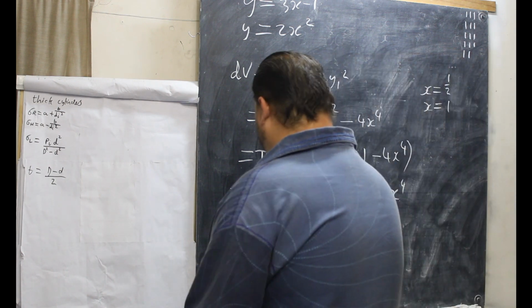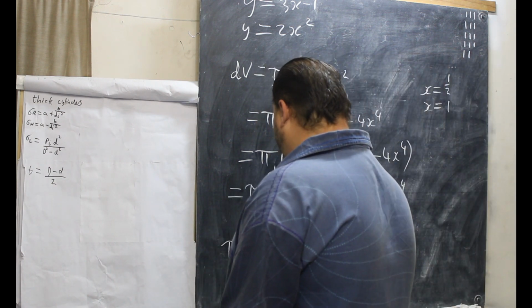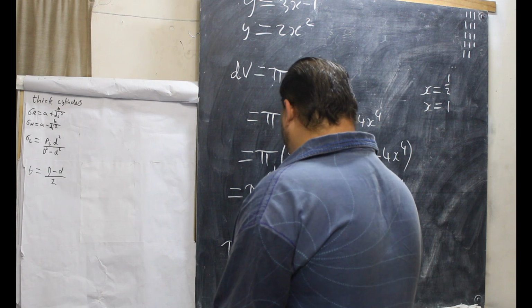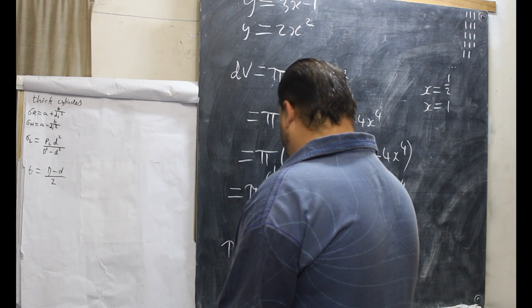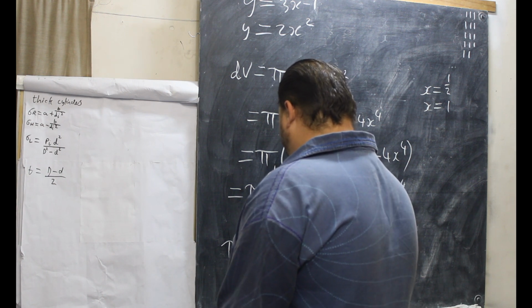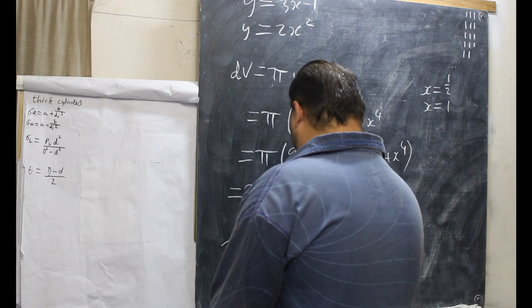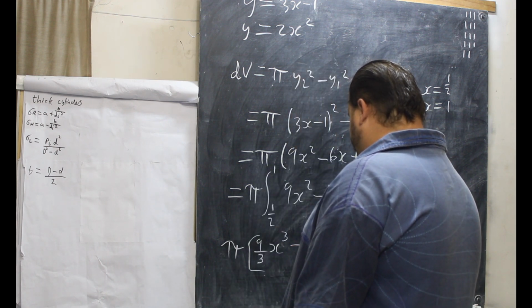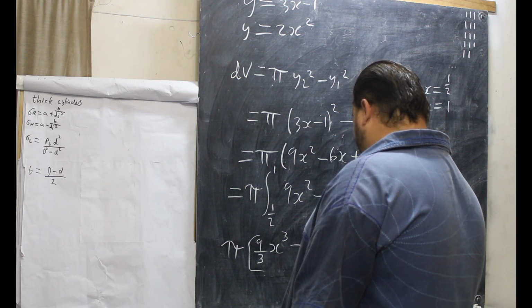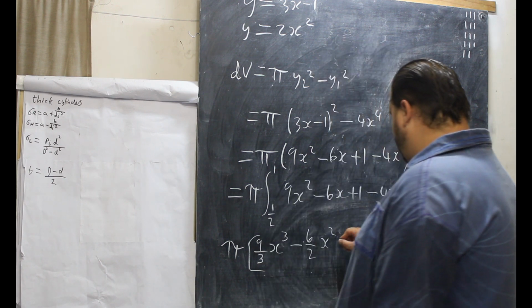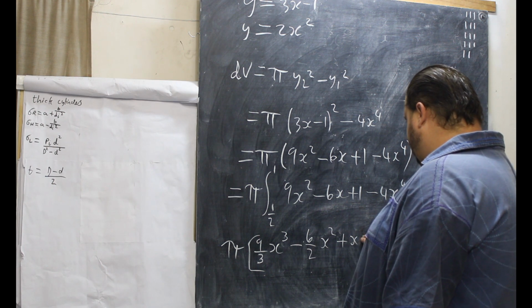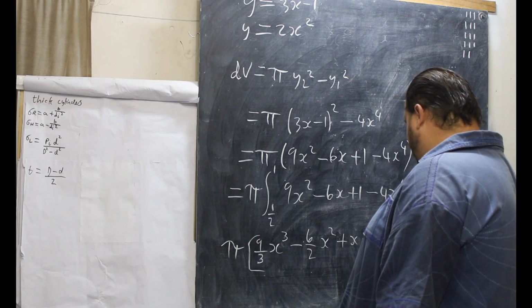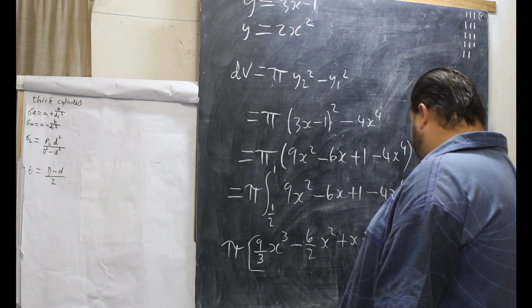So pi times 9 over 3 x cubed minus 6 over 2 x squared plus x minus 4 over 5 x to the 5.